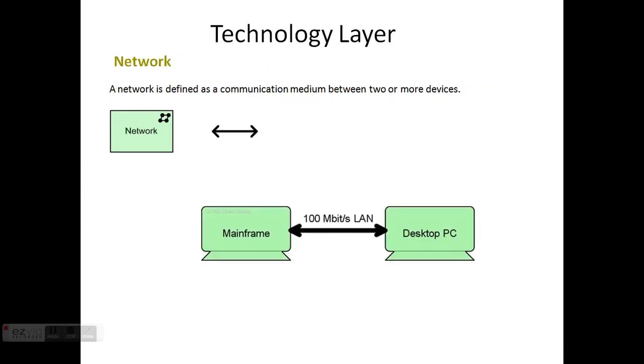The next entity is the network. A network represents a physical communication infrastructure. This may comprise one or more fixed or wireless networks.